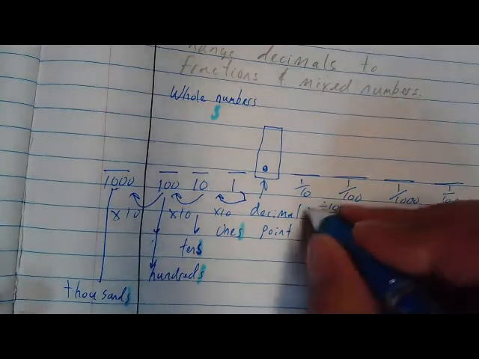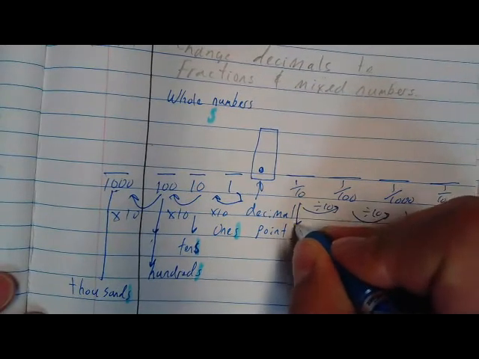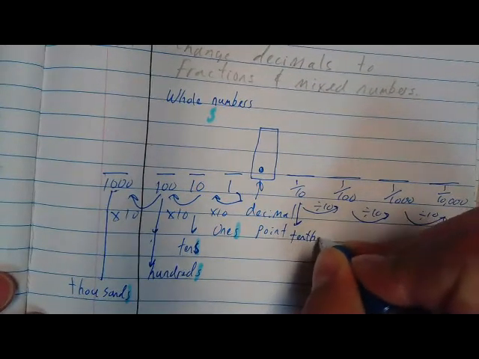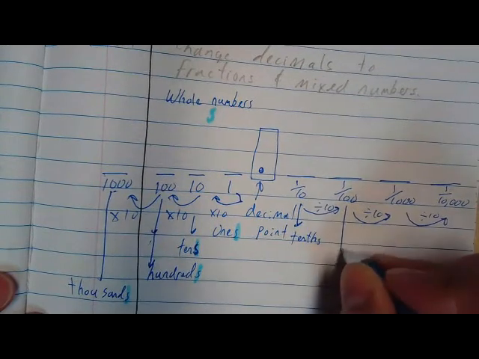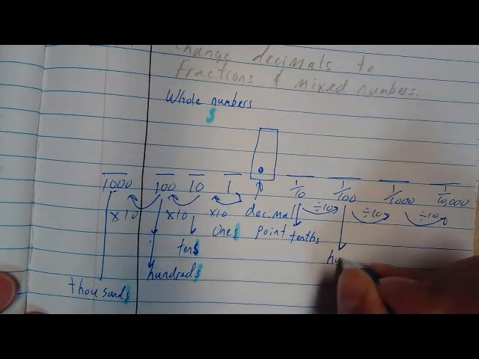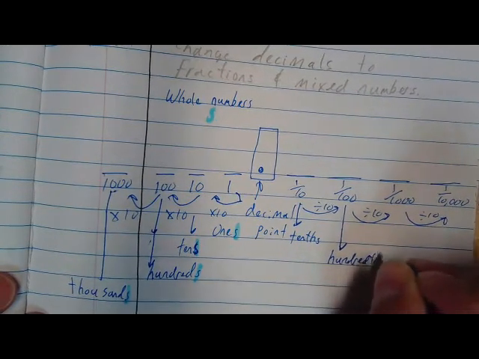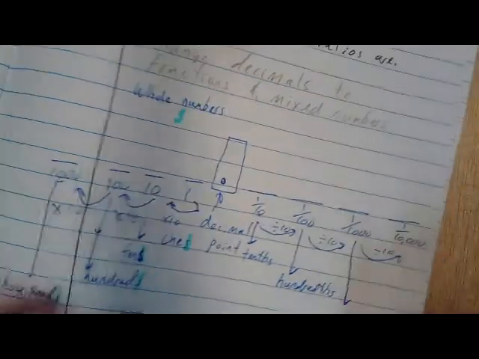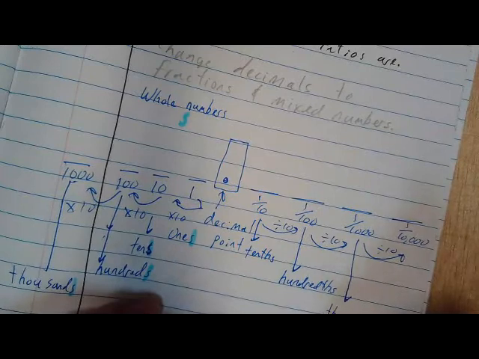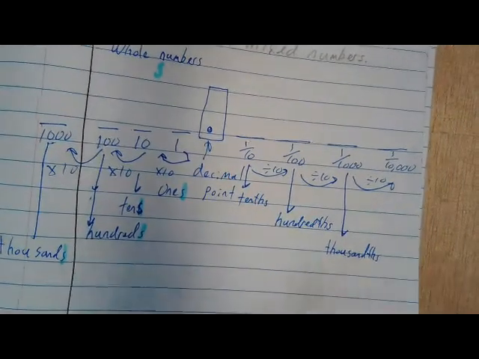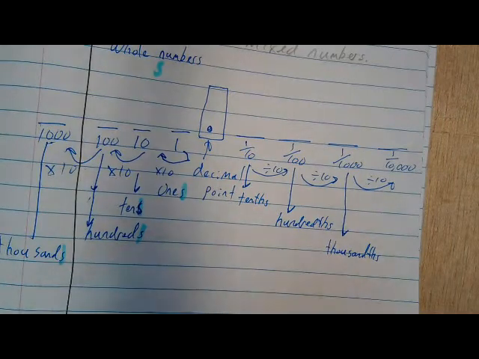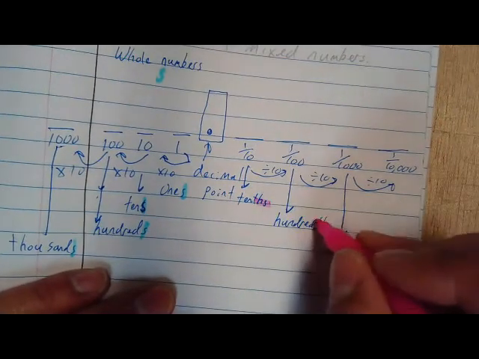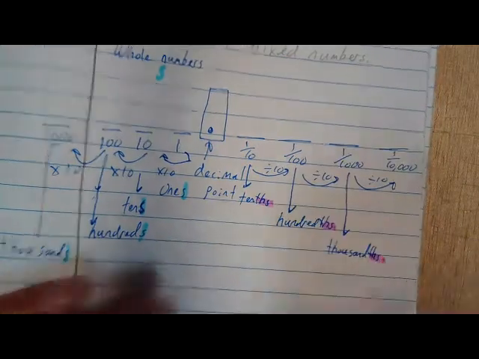On this side, you have the tenths. I'm not trying to be funny when I say it with a lisp, but really that's how you say it. Hundredths, thousandths. All right. And if you notice, it ends with a THS, THS, THS.